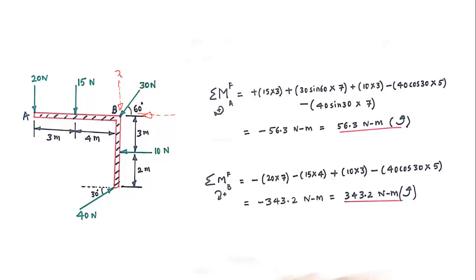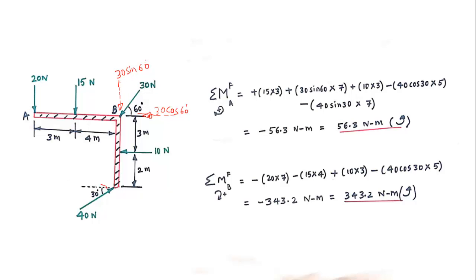So this will be 30 sin 60 as the vertical component, in the downward direction because it is coming downward, and it is also going to the left, so the other component is 30 cos 60 to the left side. So we have split this 30 Newton into two components.